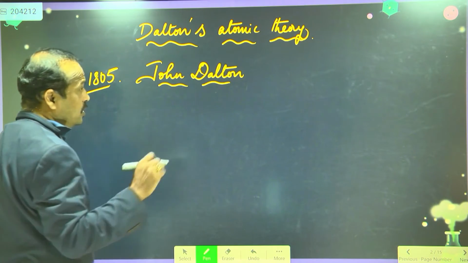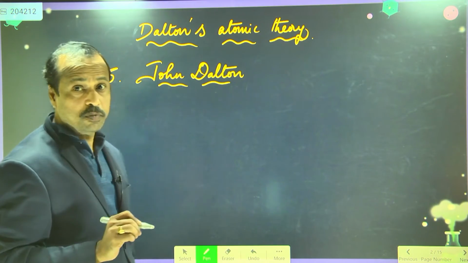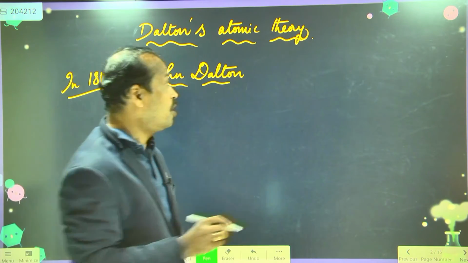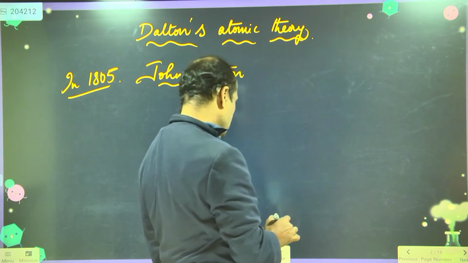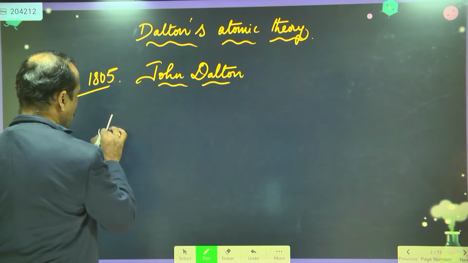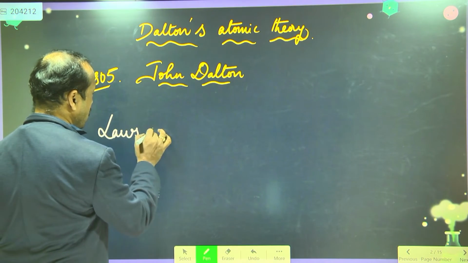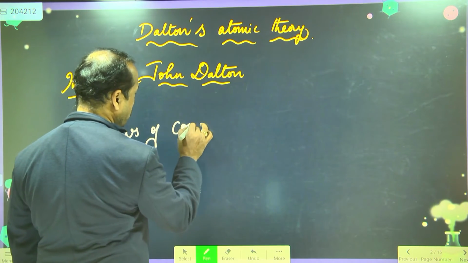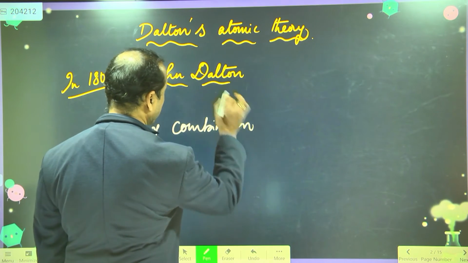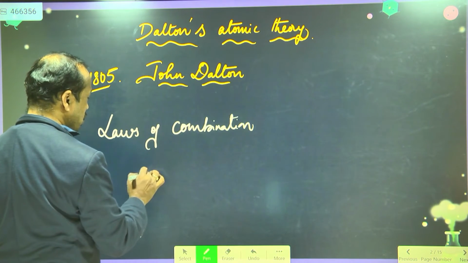Not only that, he also proposed laws based on it, the laws of combination. I think you might have studied the laws of combination. There are two laws of combination.